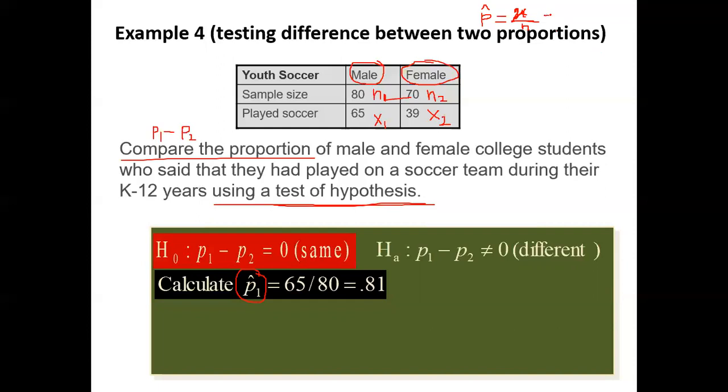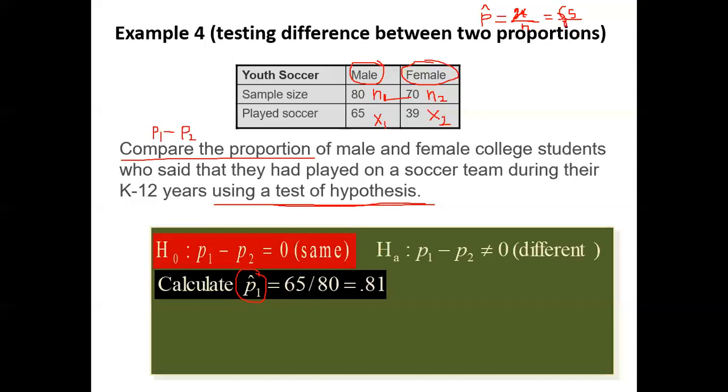So X here is equal to the X for male first. It is equal to 65 divided by N. The value of the male sample size, N1, is 80.